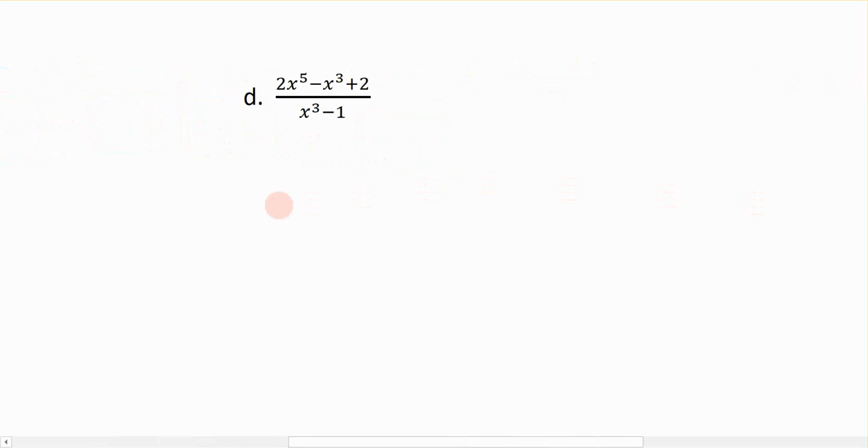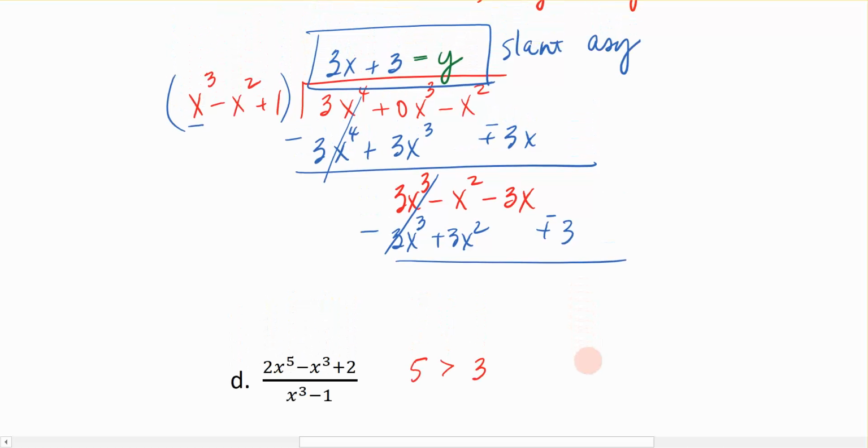Now the last example we're going to look at is this one right here. This one says that the degree of my numerator is 5, the degree of the denominator is 3. 5 is greater than 3, but 5 is 2 more than 3. So I don't have a slant asymptote. Remember, that was this one up here.